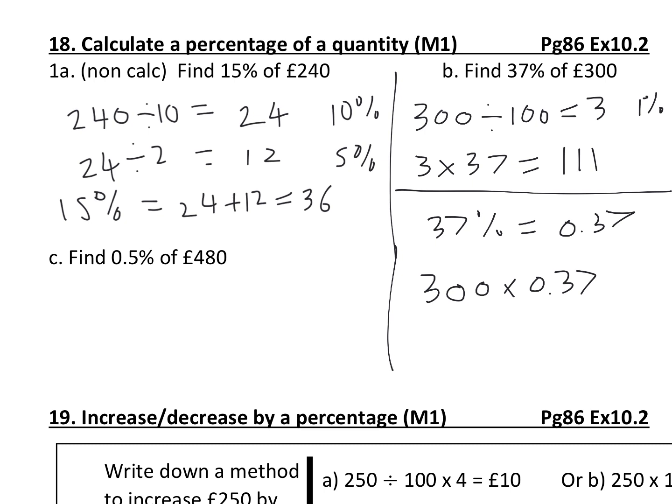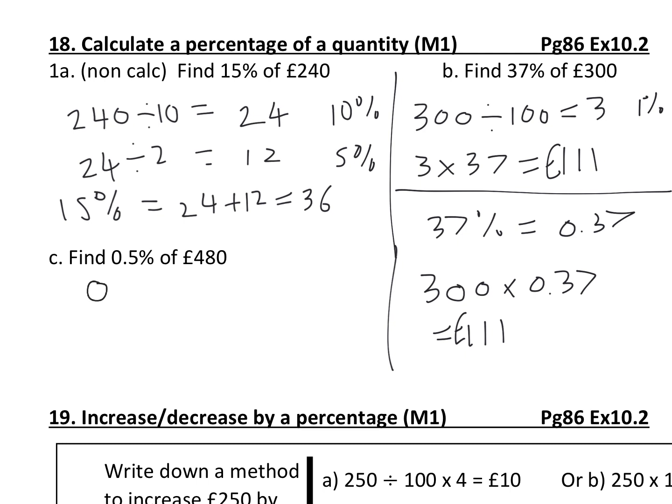So 300 times 0.37 in your calculator would give you 111, and this is pounds. Okay, so the technique, if you're using the multiplier, is just change the percentage to a decimal and multiply by that decimal.